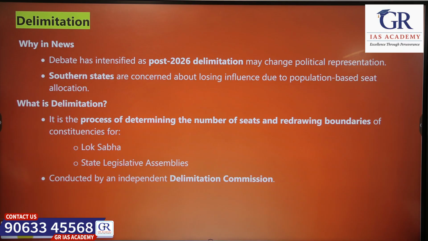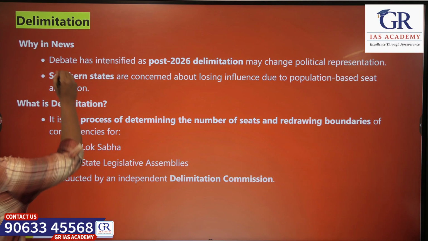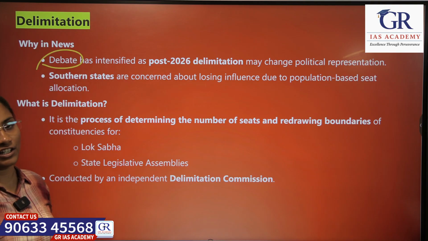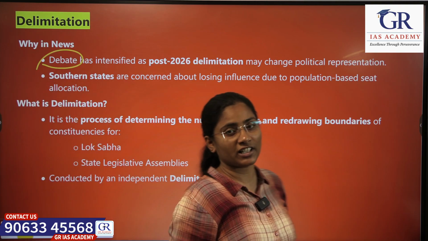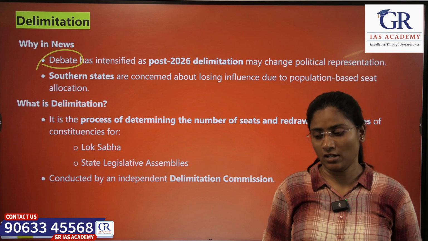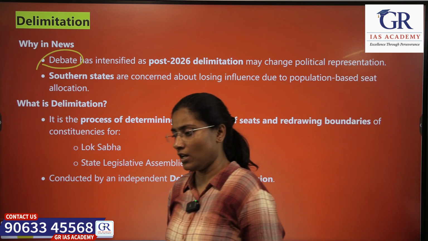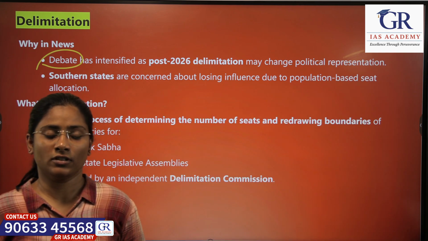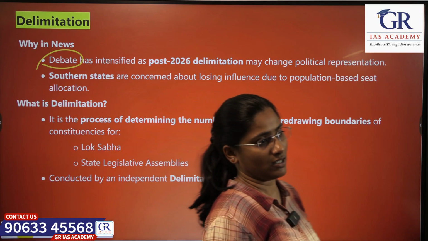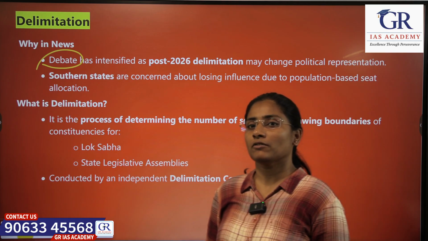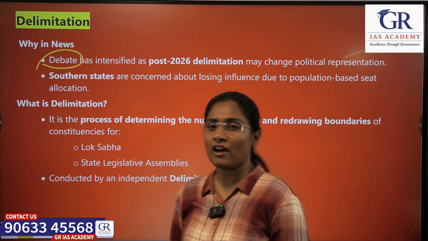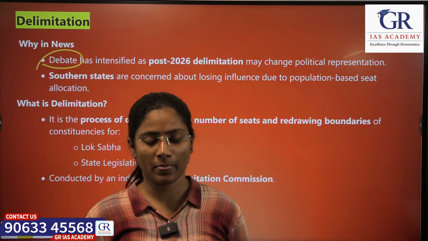So why are we studying about delimitation now? Because there is a debate about the delimitation. Why? Because political representation changes. What happened? After freezing of census, people from southern states have controlled their population.